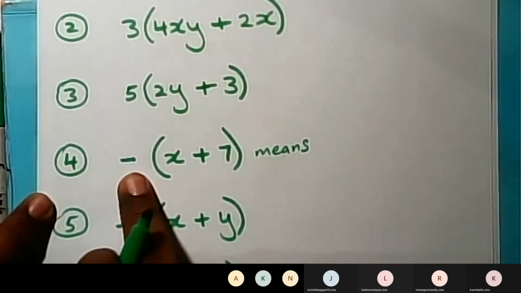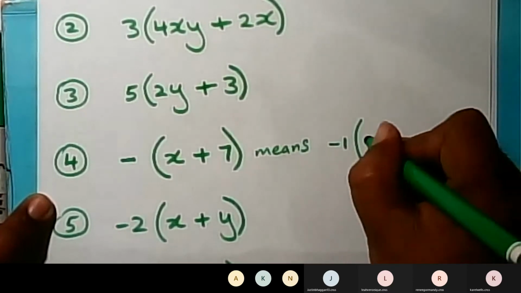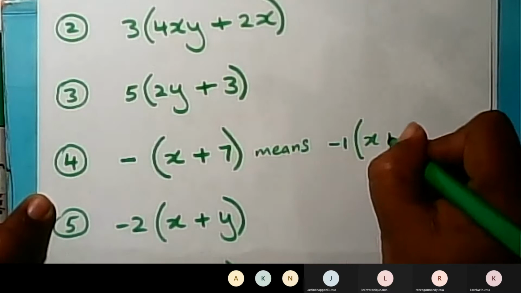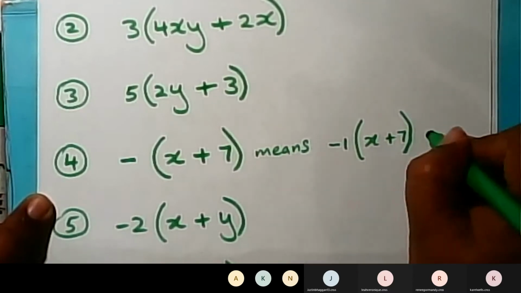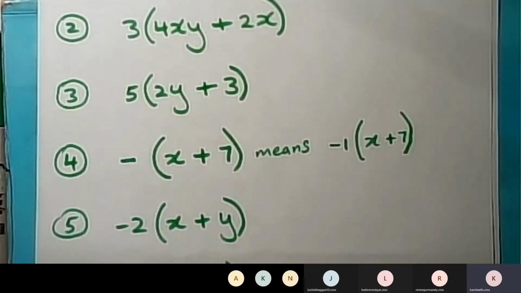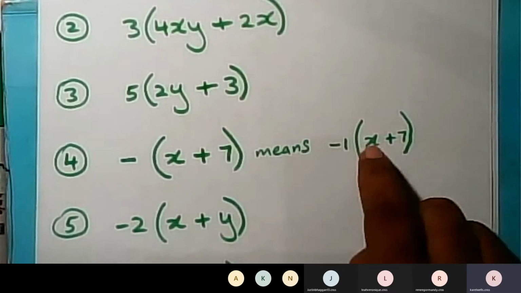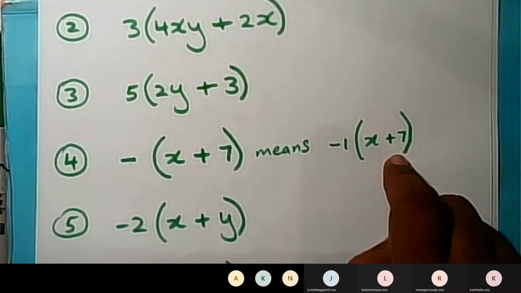When you have a minus alone outside the brackets, it means a minus 1 outside the brackets. So you work out the sum like this, and then you open the brackets. So it will be minus x plus minus 7. Yeah, minus x minus 7. You agree? You understand what I'm saying?